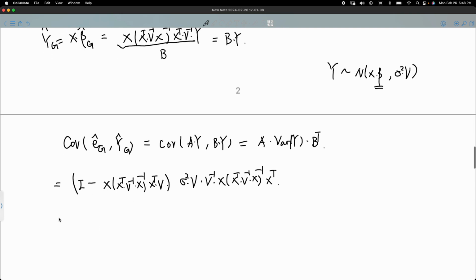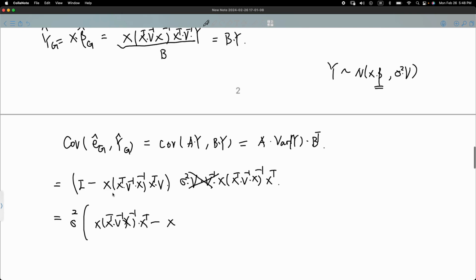Okay, so now let's simplify this term. We should have sigma square in the front, and then these two cancel out. And then we should have X transpose V inverse X inverse X transpose, so it's just this thing multiplied by identity. And then here we have a right multiplication, so this thing multiplied by this thing on the right hand side.